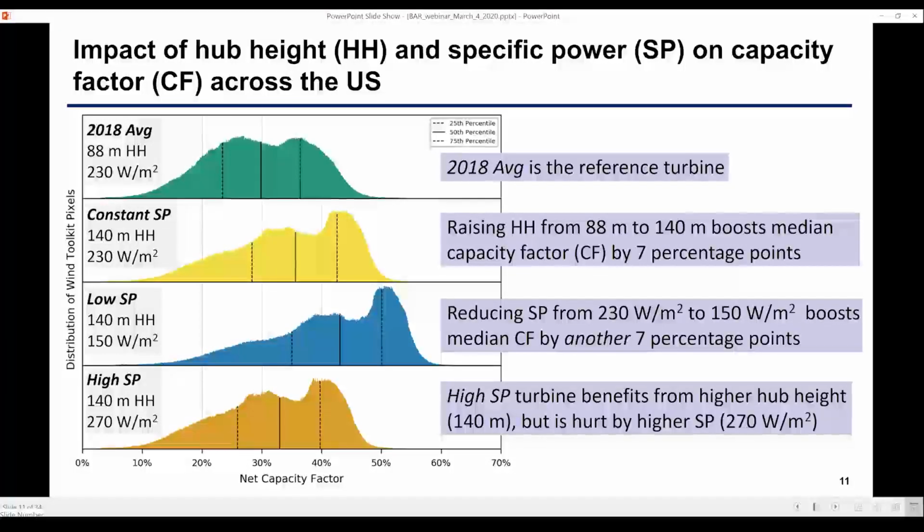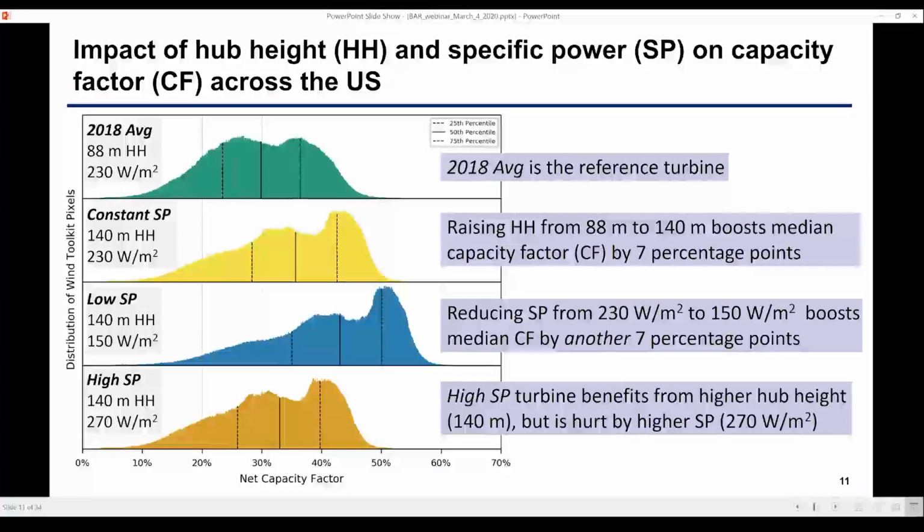Then as you go down, you can see the constant SP turbine. It has a similar specific power, but it's at 140 meter hub height as opposed to the 88 meter hub height used for the 2018 average. So you can see that the distribution shifts to the right. The median is shifted 7 percentage points, and that's the result of the hub height change.